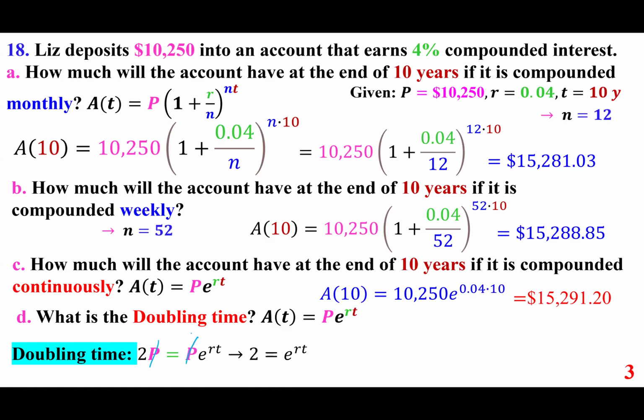Regardless of how much you start, because P drops out, you really don't need to know how much you have in the beginning, but we are interested in the amount of time that it doubles up. So you have 2 equals e to the power of rt, and you are going to take a natural log of both sides.